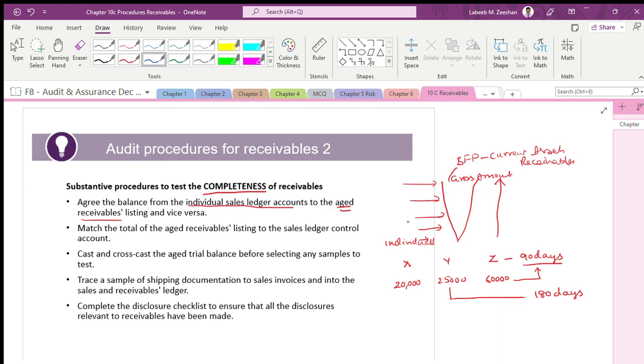If your number of days is increasing, this customer is classified under aged receivables. It means he has not paid over a long period of time. Simple. Old age person. As simple as that.